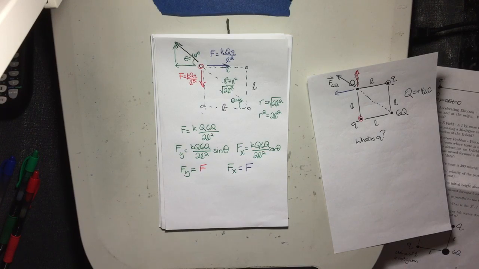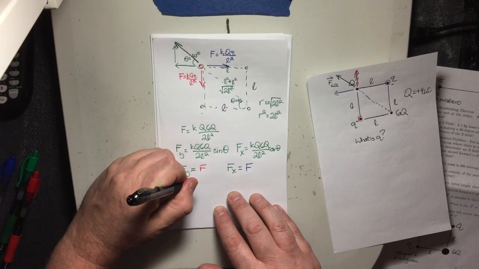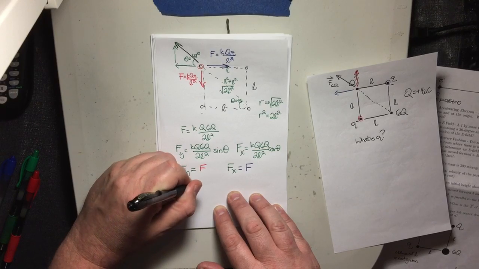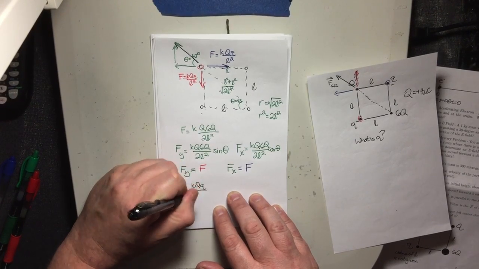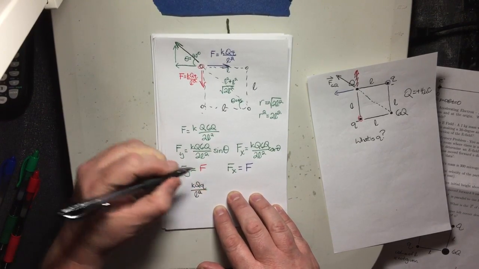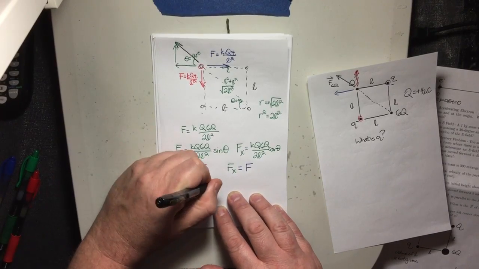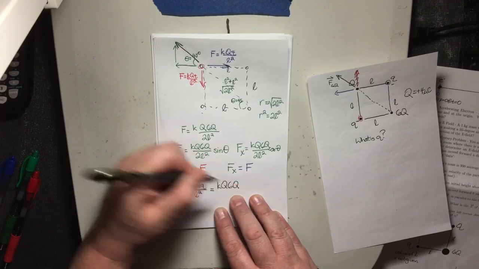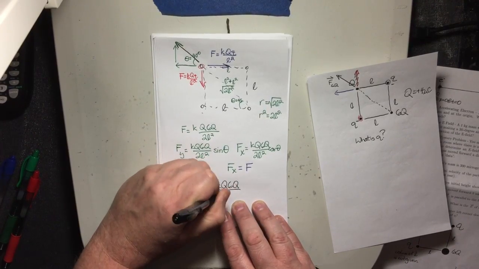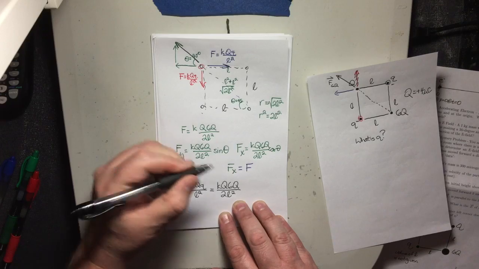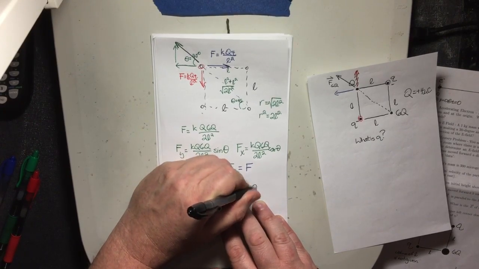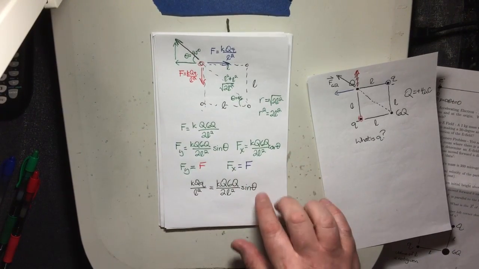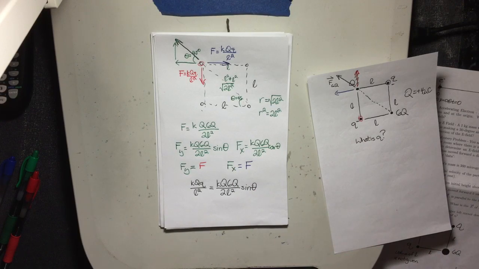The equation will look identical. K big Q little q over L squared is equal to K big Q 6Q over 2L squared sine theta. Now it doesn't really matter, sine theta, cosine theta, it's still square root of 2 over 2.